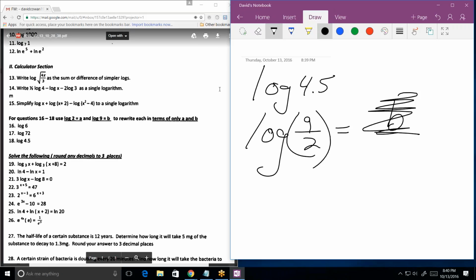Yeah, it's the log of 9 minus the log of 2, so it's B minus A. You see where it's B minus A? Yeah.